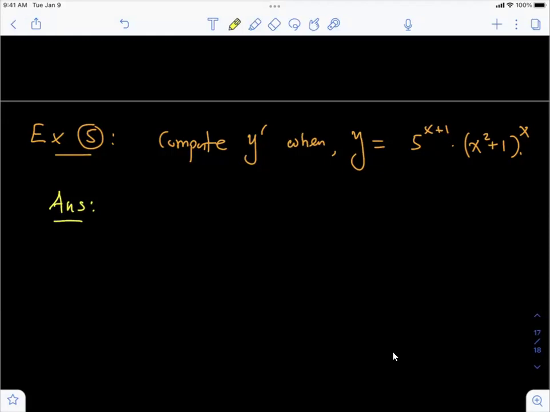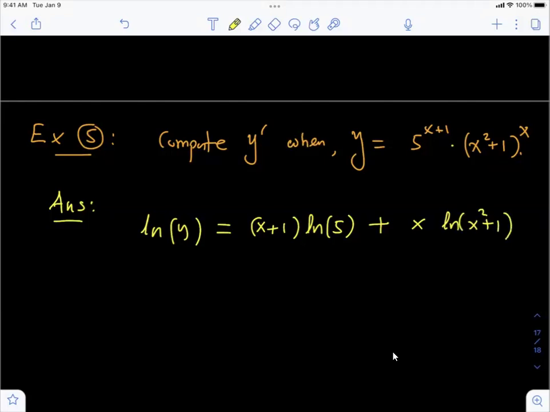Let's take ln of y first. ln y. In the right side, you have a product of two pieces, and both of them involve variable powers, but that doesn't really matter. When you use this method, it is consistent, right? x times ln(x squared plus 1).